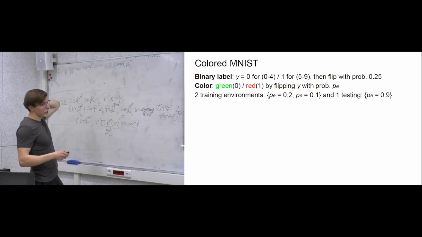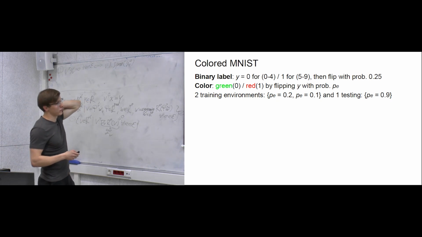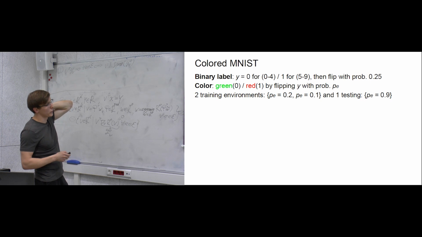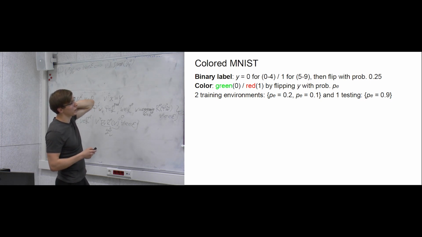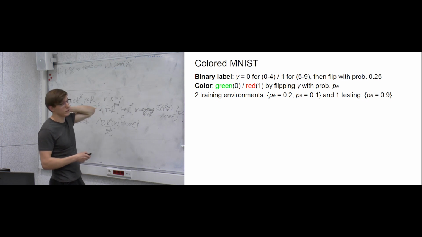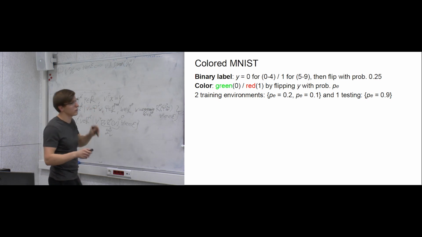Then we introduce a spurious correlation between the color and the output. We color our image green if we have color index 0, and red if we have color index 1. This color index is received by flipping our label with some probability which depends on the environment. Okay? So the setup seems to be rational.